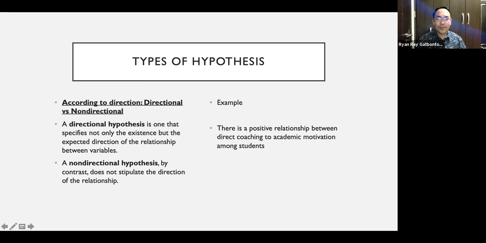Moreover, when we do statistical testing, we get more accurate results when we use directional hypotheses because they entail a one-tailed test, since we're looking only at one side. Later on, we will differentiate when to use the one-tailed and two-tailed test.